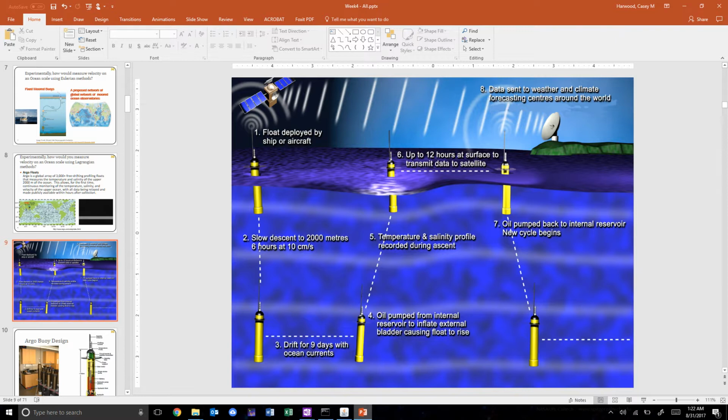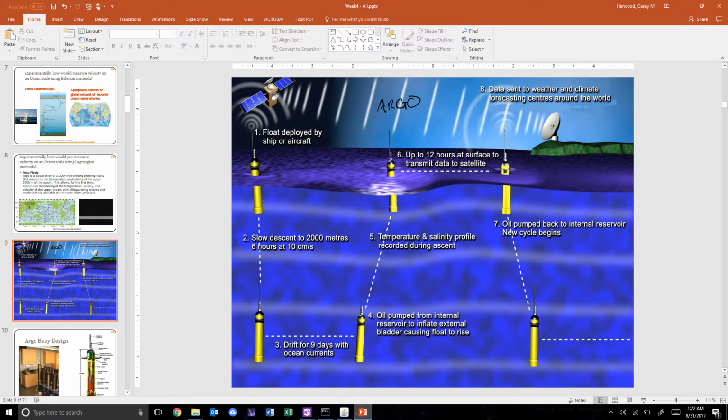The Argo program, as this is called, is an international collaboration that has about 3,600, maybe 3,700 of these probes distributed all over the world, used to make distributed measurements of, as I said, things like ocean currents, salinity, temperature, both around the world and at different ocean depths.